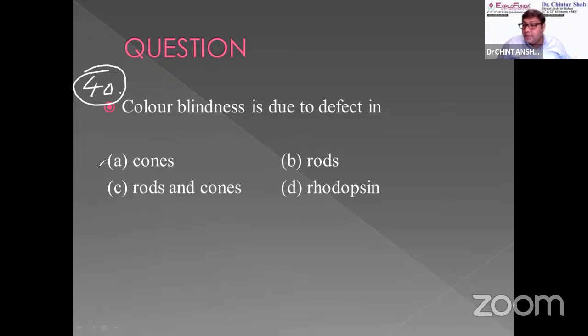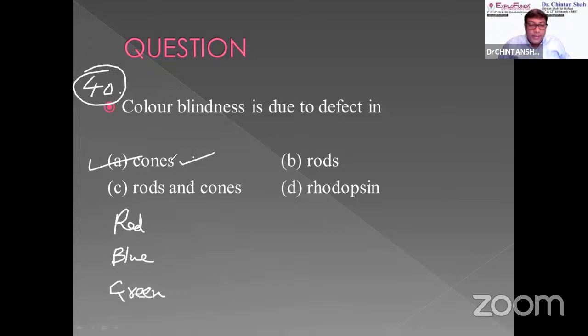Ritu is telling me it's because of the cone cells problem. Okay, can you write down the names of red cone cells, blue cone cells, and green cone cells? This is perfect, the cone cells are having a problem.